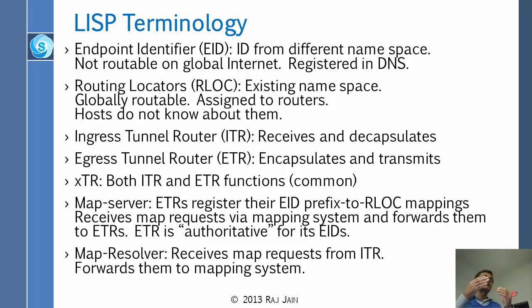You register that this ID belongs to Bob, this ID belongs to Carol. So when you want to talk to Carol, you go to DNS and ask what is the address for Carol, and it says 2.0.0.2. Just like the addresses. Actually, I think you can live with the old DNS, because when you register these IDs, the DNS thinks this is an IP address, and the host thinks this is an IP address, but it is an ID.